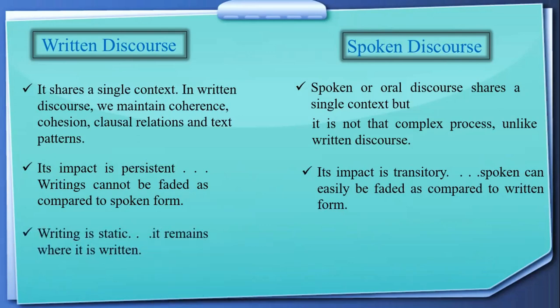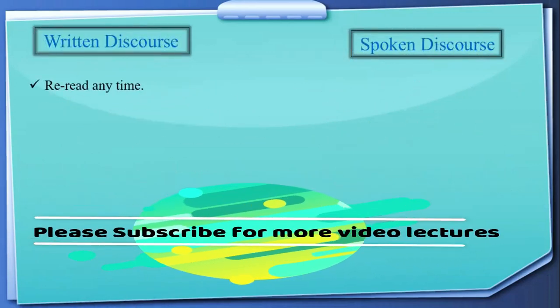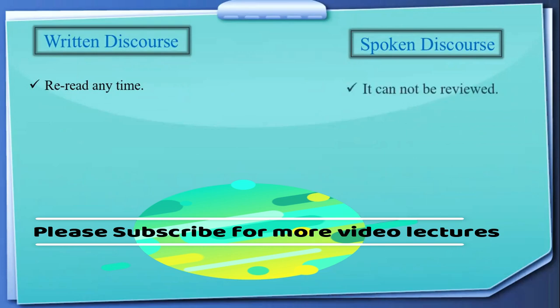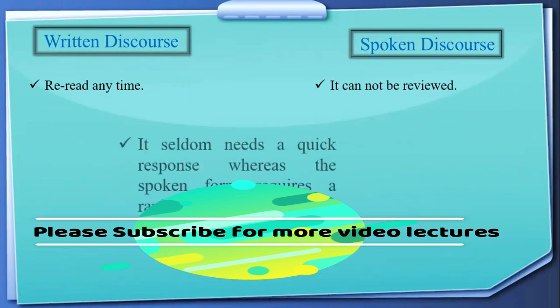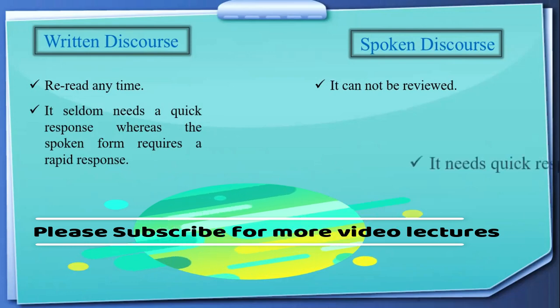When we talk about written discourse, writing is static. It remains where it is written. On the other hand, in spoken discourse, speech is dynamic. Written discourse can be reread anytime, but spoken discourse cannot be reviewed. Written discourse seldom needs a quick response, whereas the spoken form requires a rapid response.